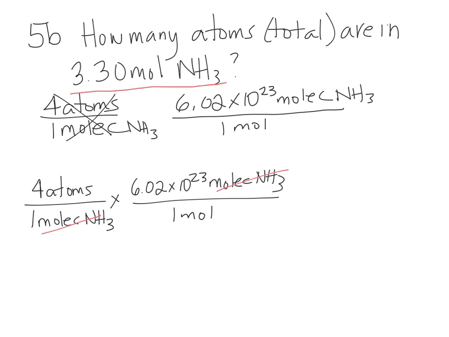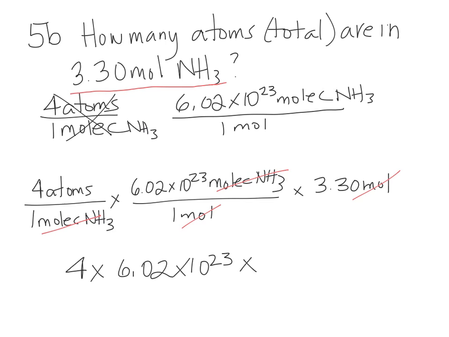So now, if we did this, our answer would be atoms per mole. We want just atoms. So we have another one, and that's 3.30 moles. So our units for moles will cancel. So in your calculator, you would have to put 4 times 6.02 times 10 to the 23rd times 3.3 divided by anything on the bottom. And you would have to do each one separately.